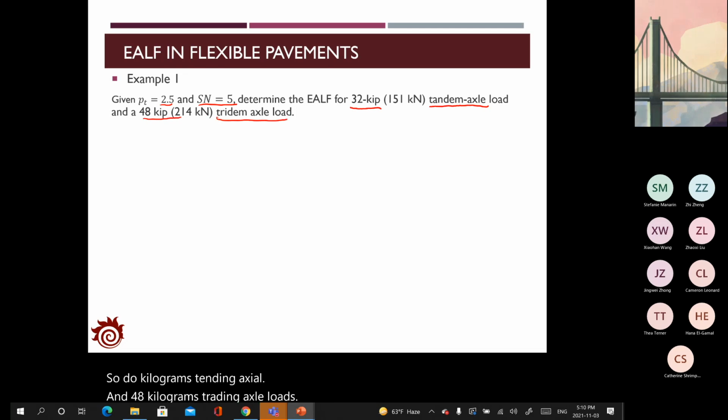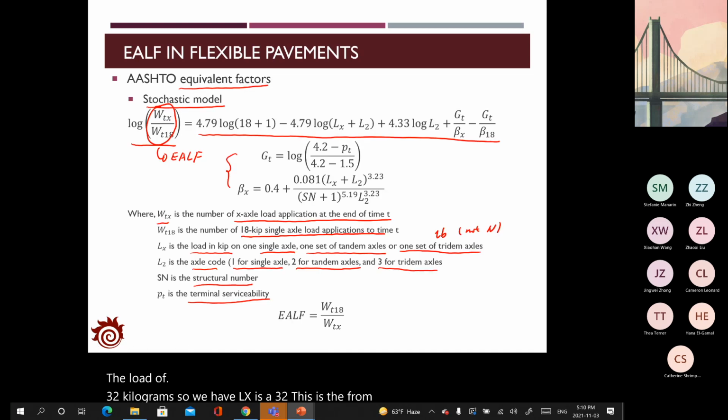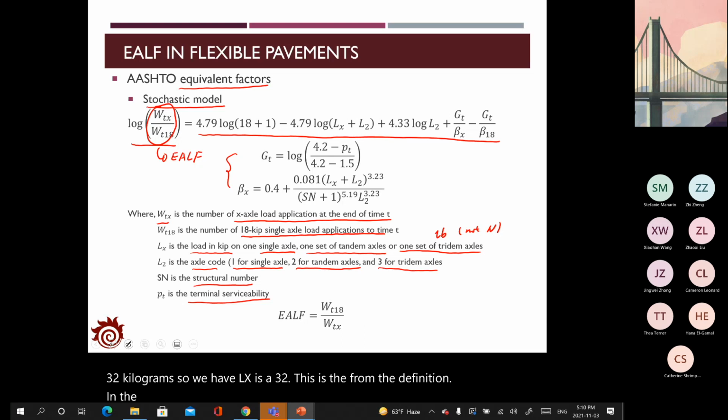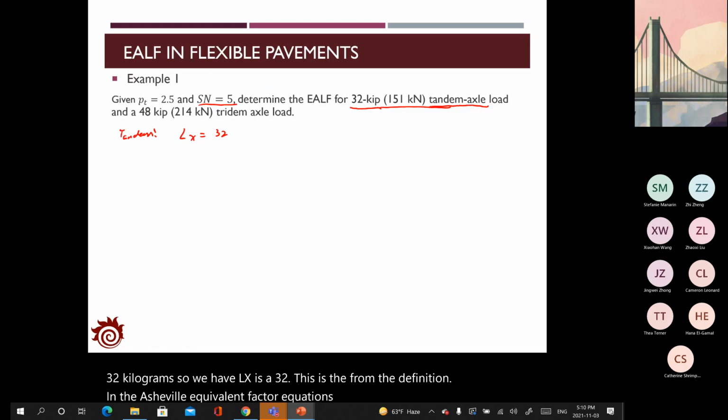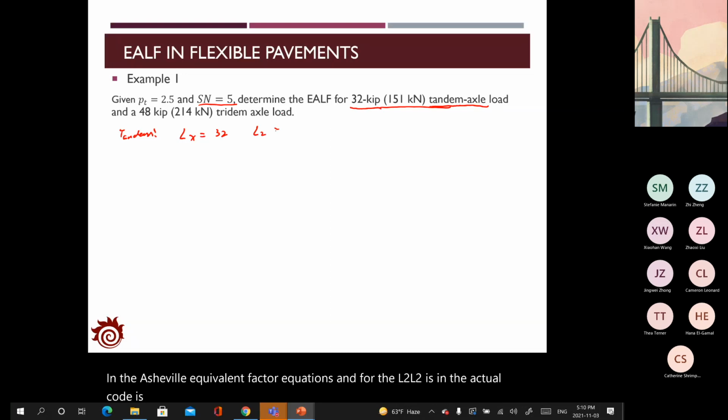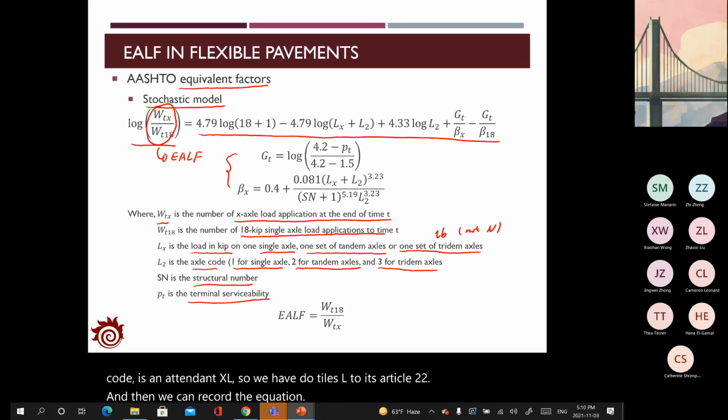So let's start with the tandem axle. With tandem axle, we are considering the load of 32 kilopounds, so we have Lx is 32. This is from the definition in the AASHTO equivalent factor equations. And for L2, the axle code, it's a tandem axle, so we have dual tires. L2 equals 2.